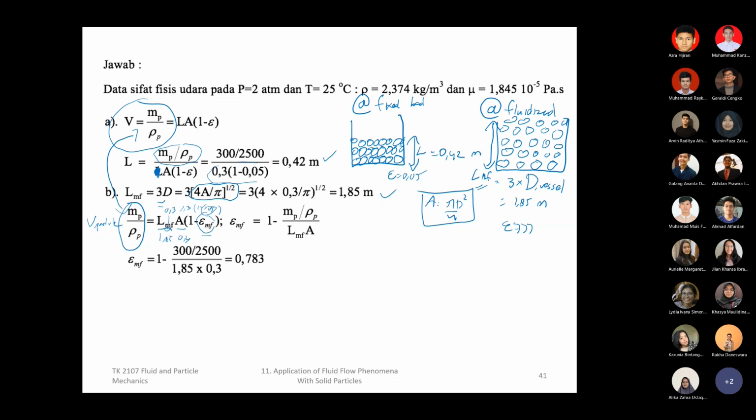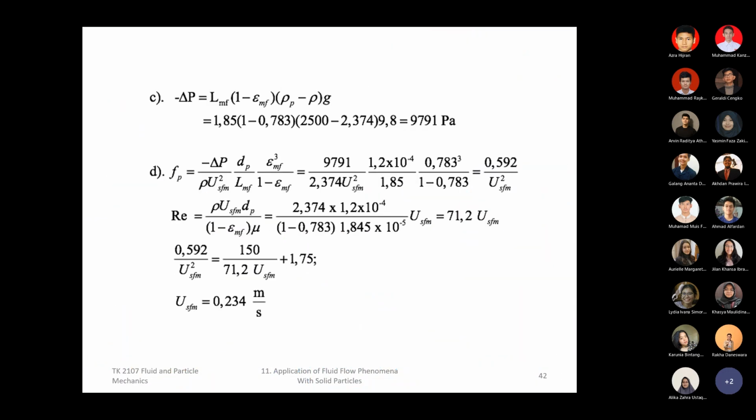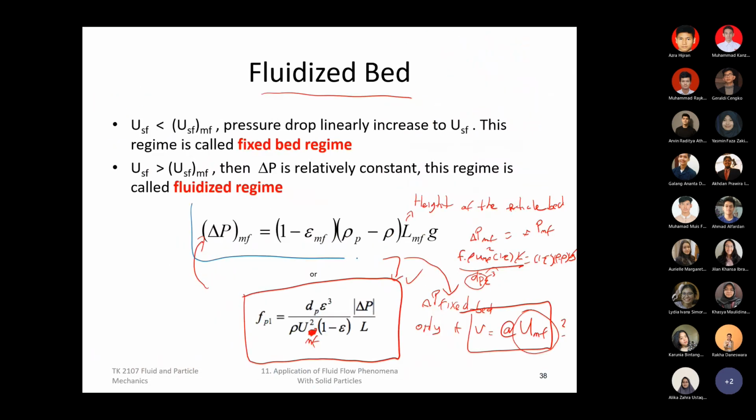No? Let's see what's the next question. Now the next question is the pressure drop itself. What's the pressure drop under minimum fluidization condition? Here, if we want to take advantage of the formula that we have, the second approach that I told you in this slide, because the epsilon is already known, the delta rho is already known, the length at minimum fluidization is already known.